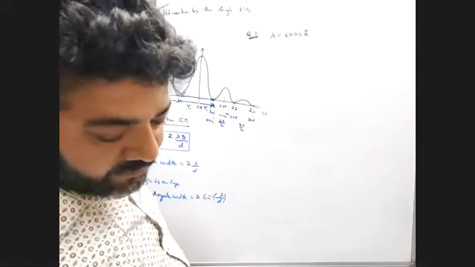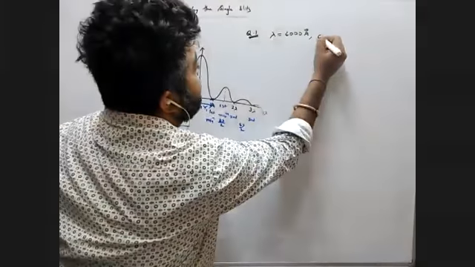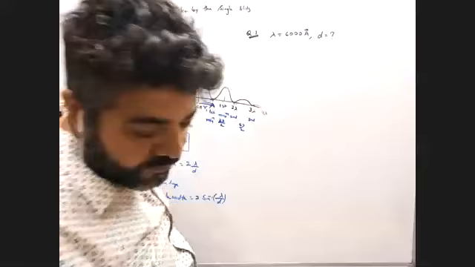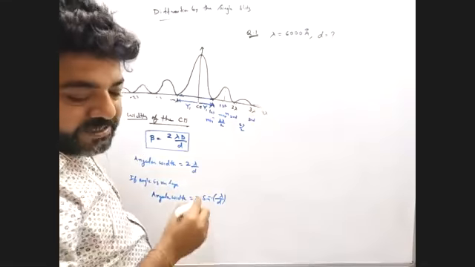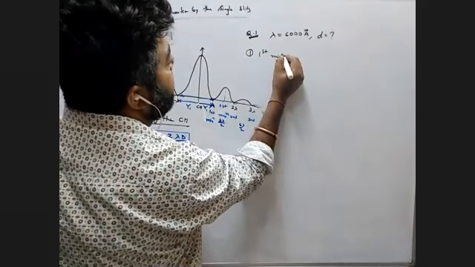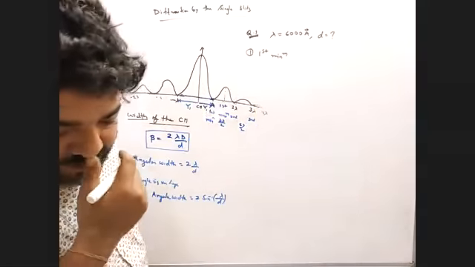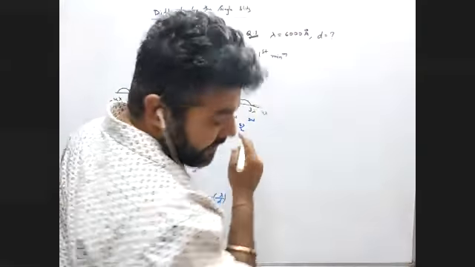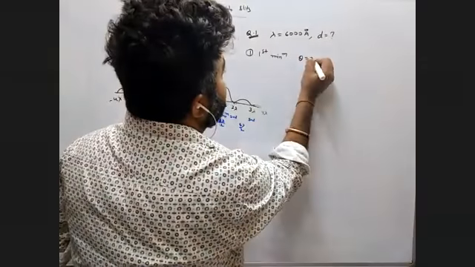For what value of d, means they ask you what is the value of d. For what value of d will the first minimum fall at an angle of diffraction 30 degree.